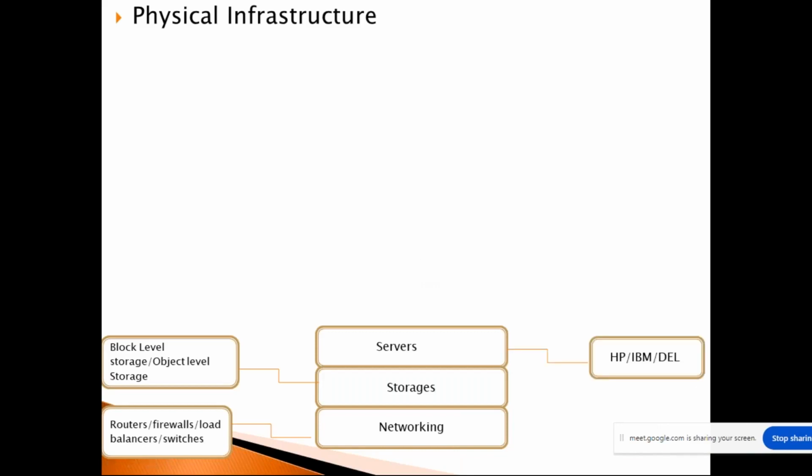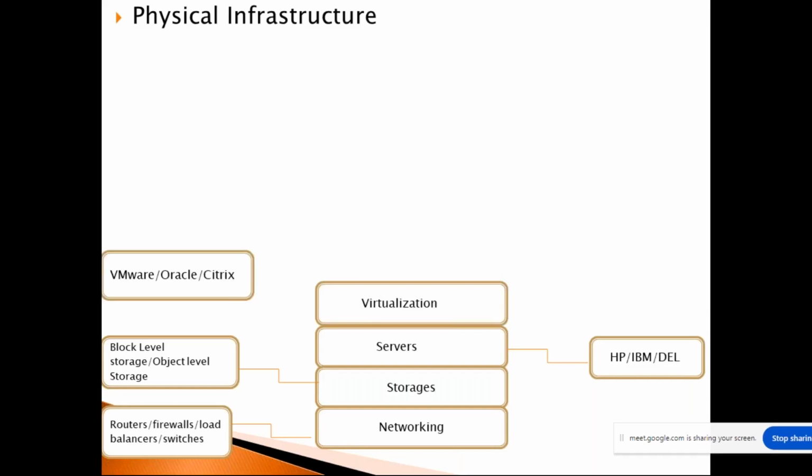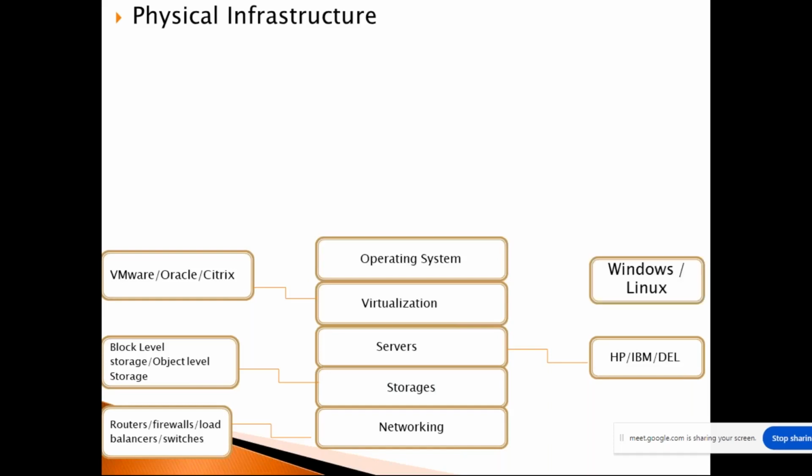Servers: IBM, HP, Dell, all these companies provide servers. Virtualization: VMware, Oracle, Citrix, all these are vendors for virtualization. Operating systems are Windows or Linux. I'll tell you later the difference between Windows and Linux.